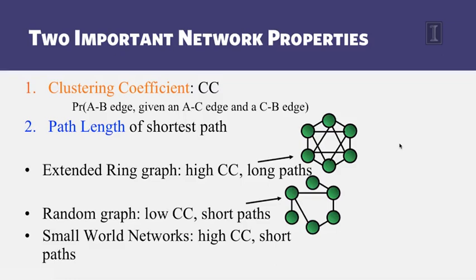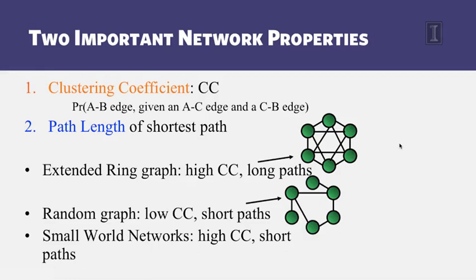For instance, if you take the ring graph, a graph that you have seen when we discussed peer-to-peer systems and distributed hash tables before, and you add a few successors and predecessors to each vertex, you get a graph that has a very high clustering coefficient, because if you have 2 neighbors, they're likely also to be neighbors of each other because they're likely to be successor and predecessor as well. But it has very long paths. If you have n vertices in your network, then the paths are on average order n in length.